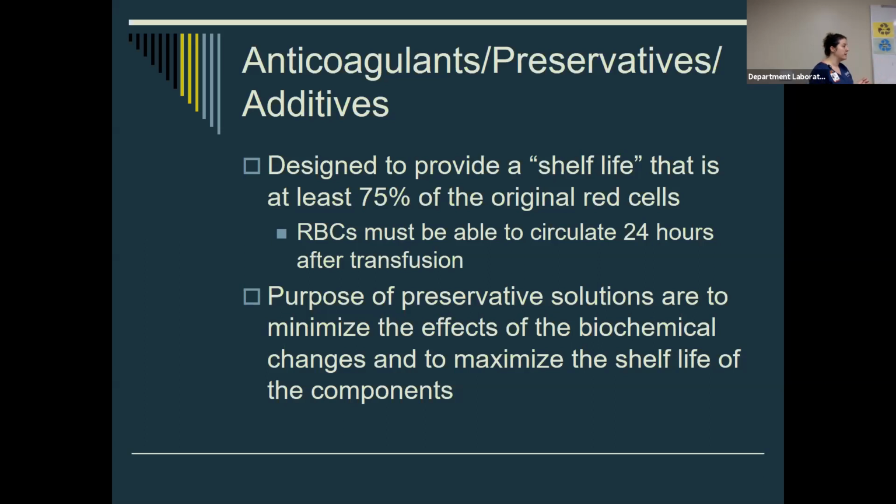Remember, without 2,3-BPG, it does not release the oxygen. As cells are stored on the shelf, the amount of 2,3-BPG decreases. But that's okay. Once it's transfused into the patient, that 2,3-BPG is revived and can then allow for adequate oxygen delivery. So that's kind of the reasoning behind why we add our anticoagulants and our preservatives, and we're going to talk about that.